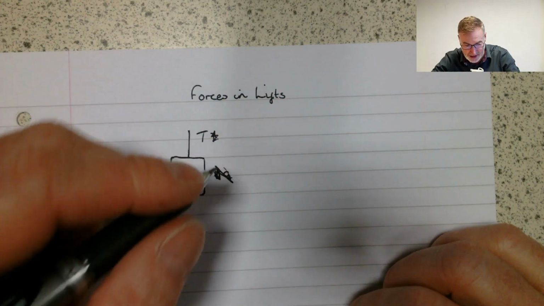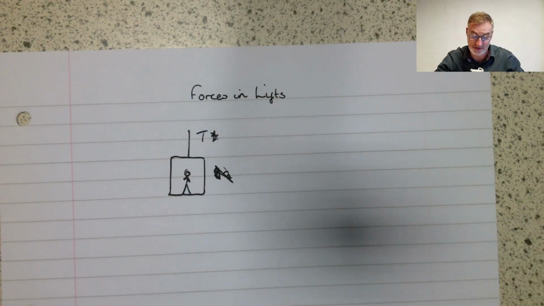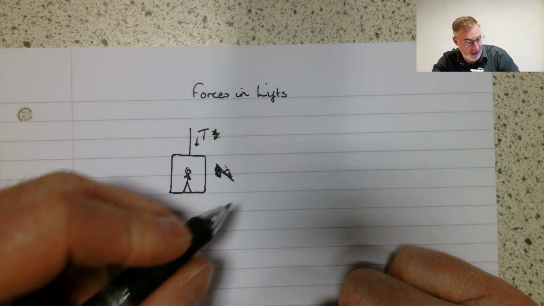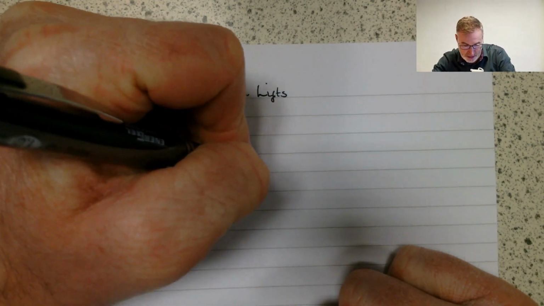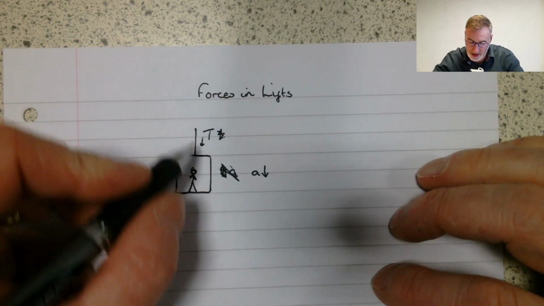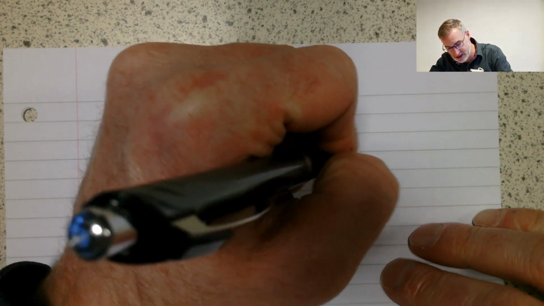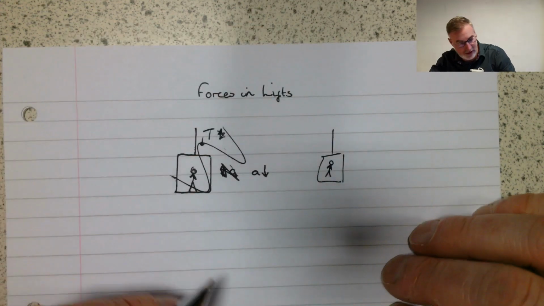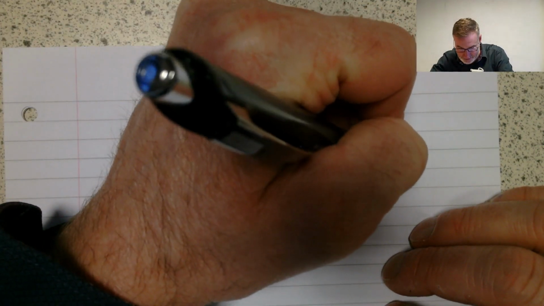And then as the lift nears the top of its journey, you feel a bit lighter, because the tension must get less, because it's starting to decelerate, it's slowing down. And exactly the opposite happens if you're in a lift that's starting to travel downwards.